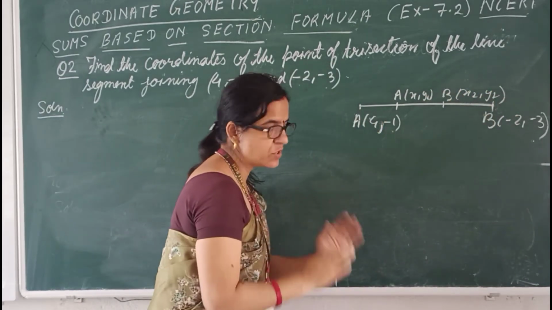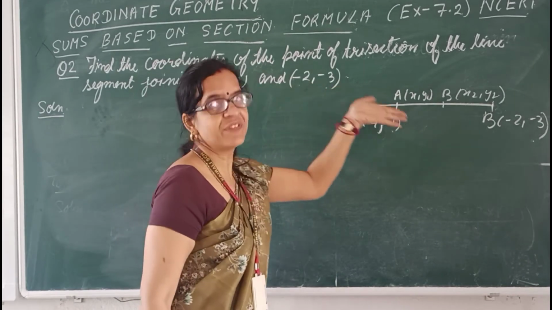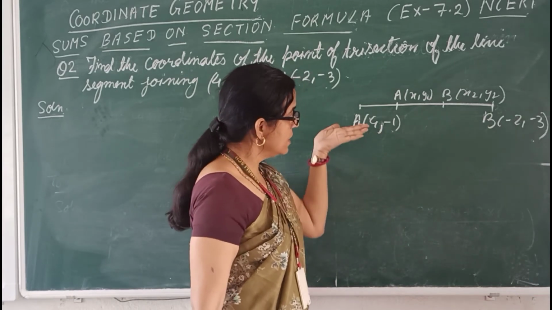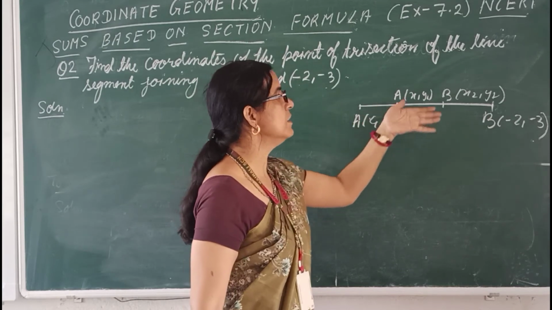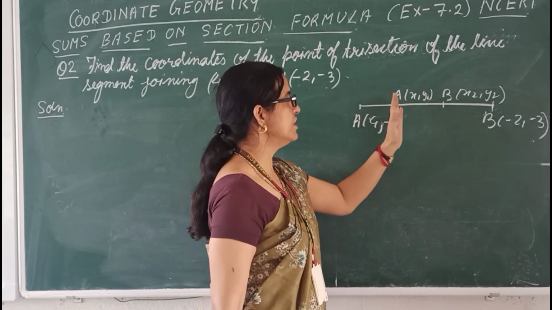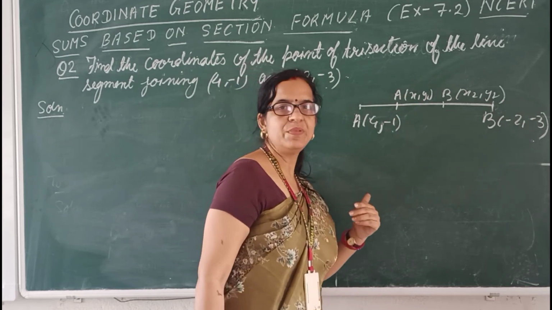I think you understand the question. The question is asking to find the coordinates of the points of trisection, meaning the points which divide the line segment joining the given 2 points in 3 parts. So we have to get the values of A (x1, y1) and B (x2, y2).